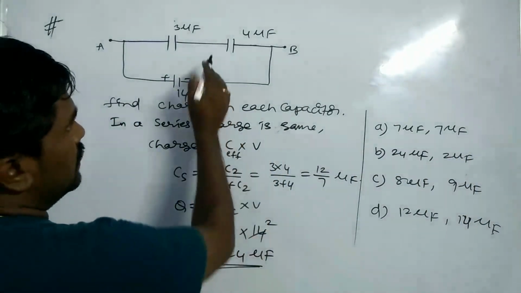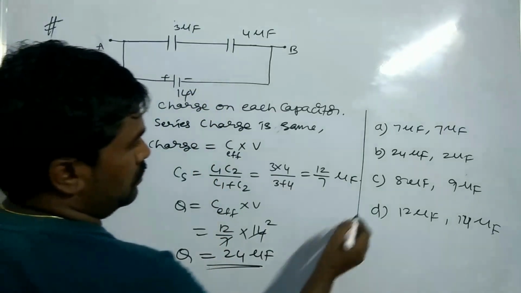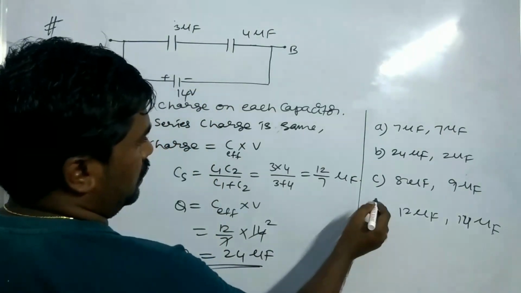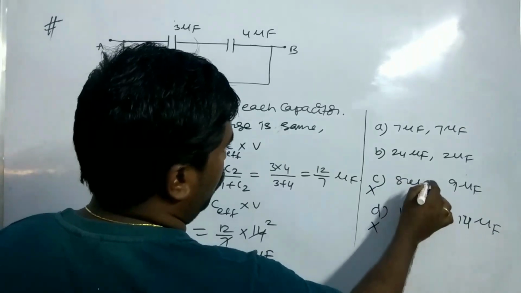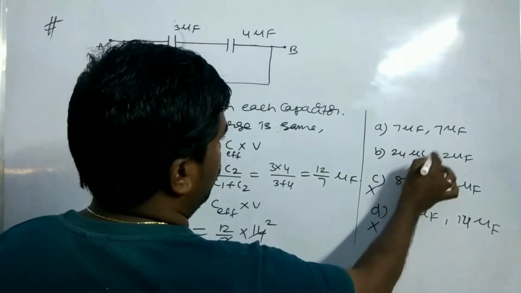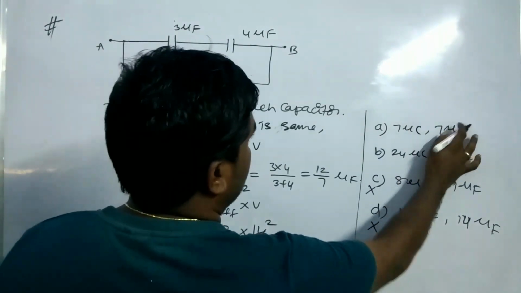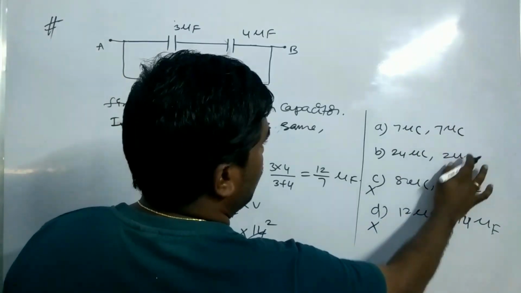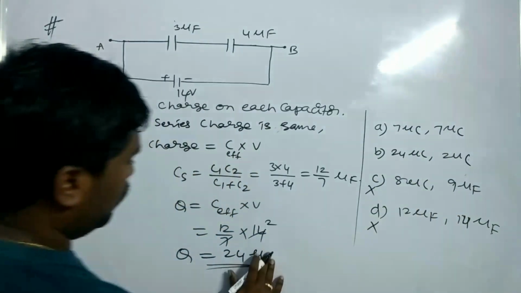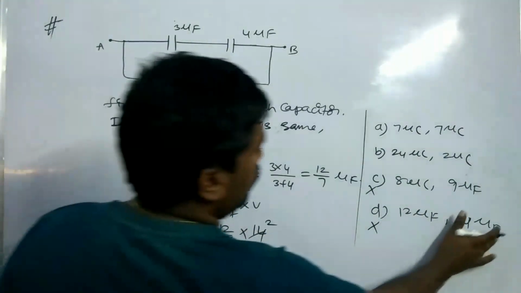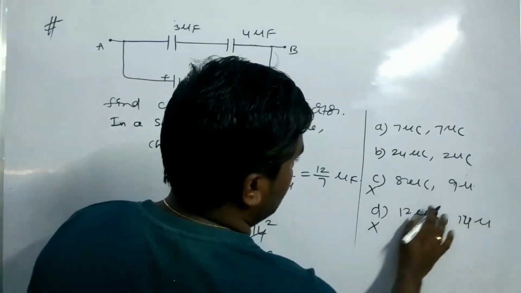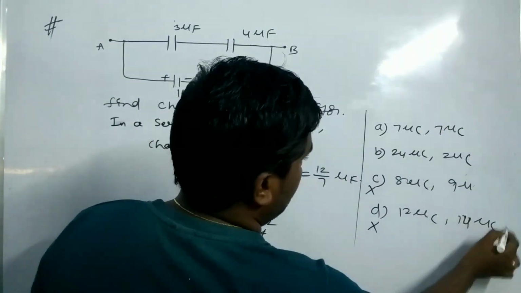So in this series combination charge is the same. So this is not correct and this is not correct. The charge is in microcoulomb here, you have to find the microcoulomb. These are all microcoulomb.